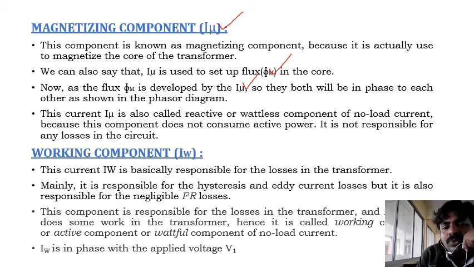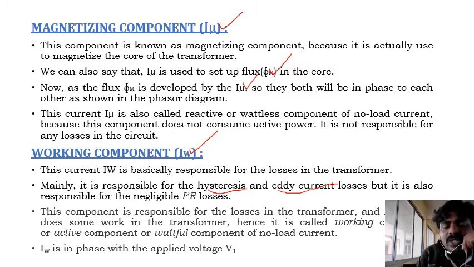Now let me move towards the working component, also called the wattful component of the current, that is I suffix W. This current IW is basically responsible for the losses in the transformer. Mainly it is responsible for two types of losses: the hysteresis loss and the eddy current losses.